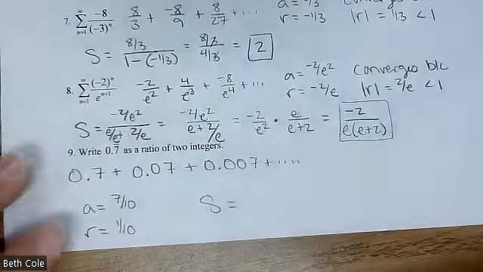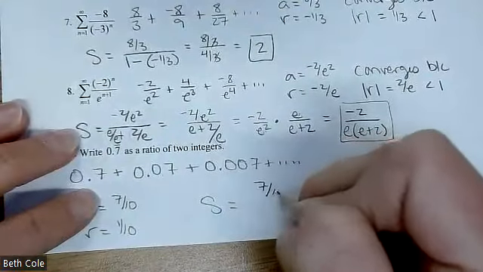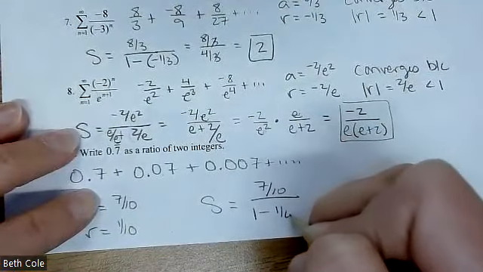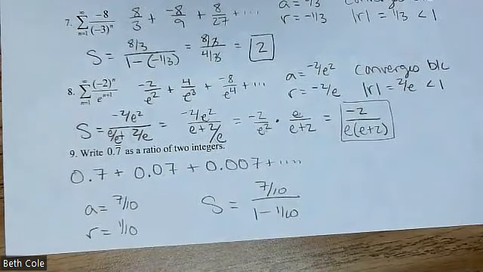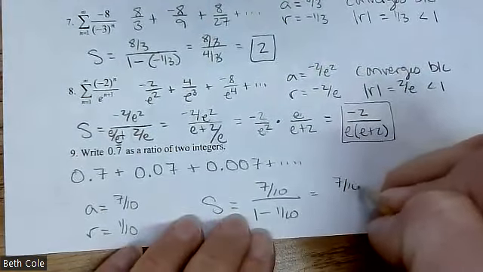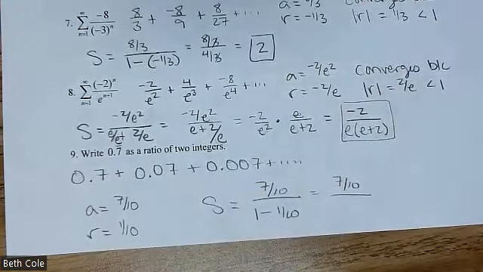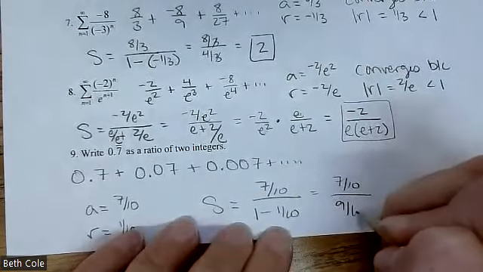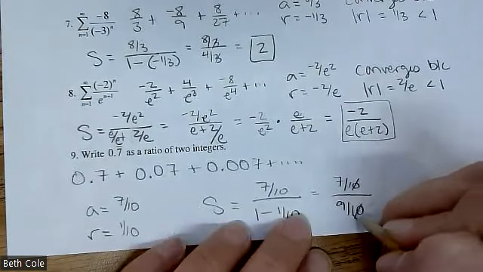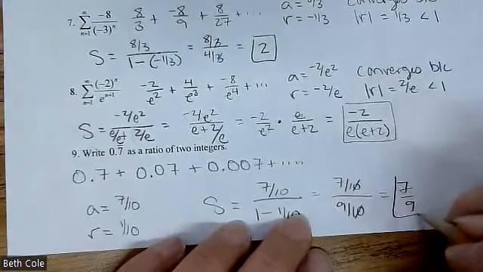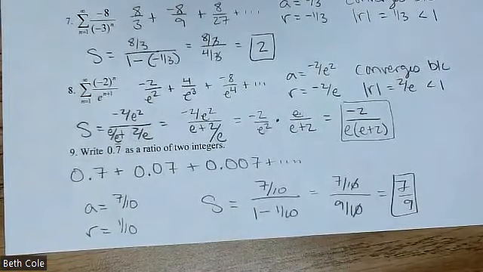And so your sum is a over 1 minus r. So that would be 7/10 over what? 9/10. What happens to the tenths? 7/9. Oh my gosh, watch this.